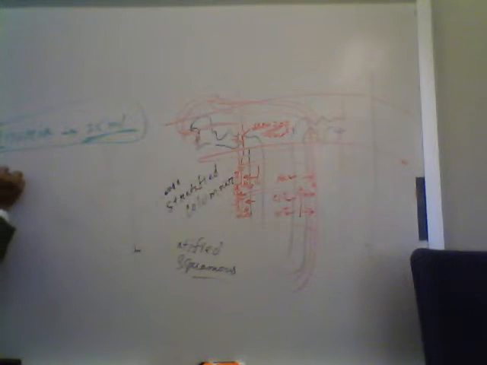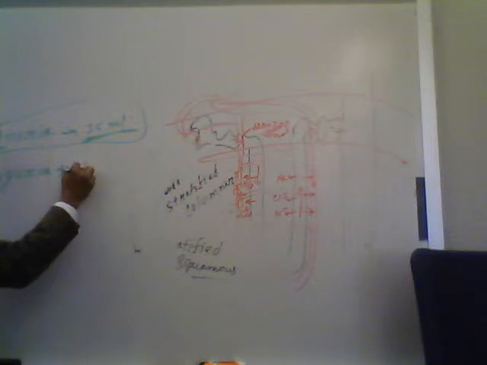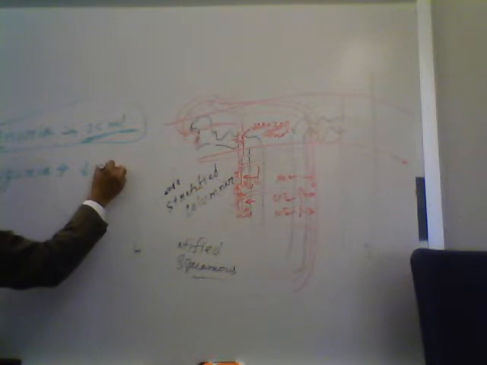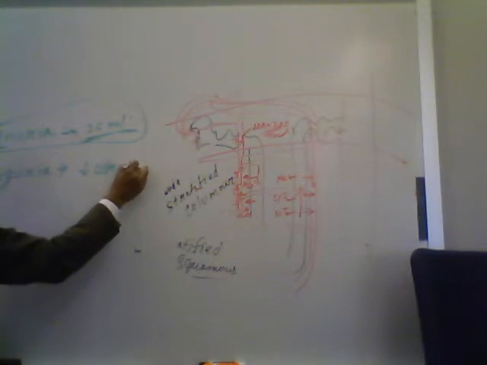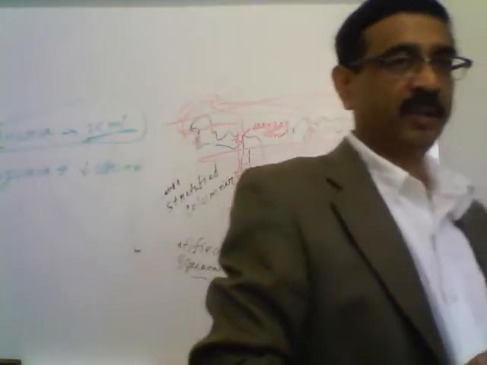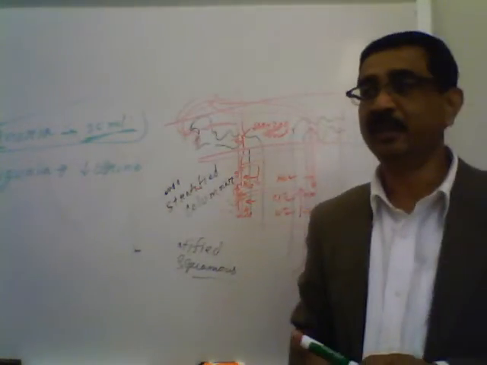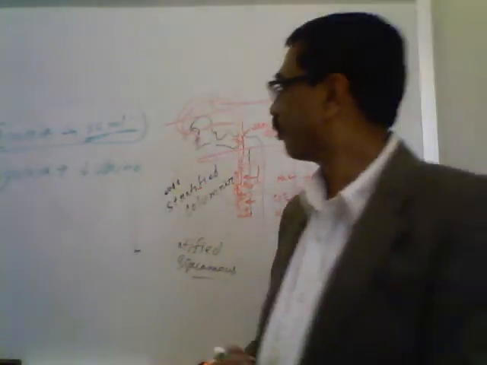Oliguria, decreased volume of urine, decreased production of urine. Okay. If it is less than 200 milliliter per day, we consider that as oliguria.